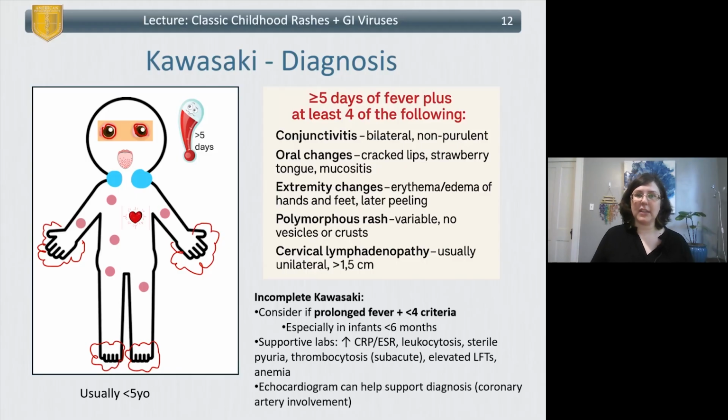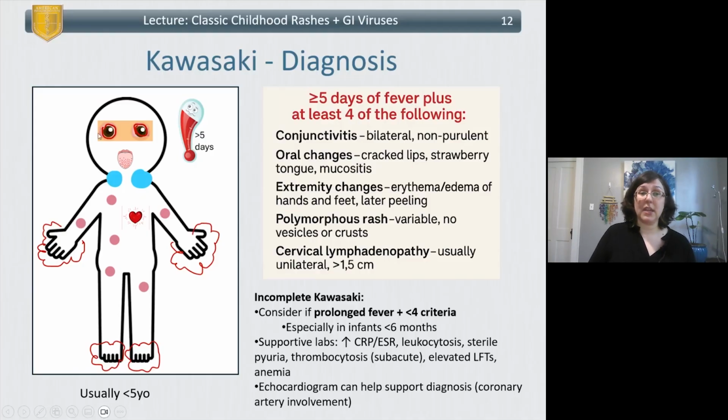So let's talk a little bit about not necessarily a viral rash, but hypothesized to be a post-viral rash reaction. So this is Kawasaki disease, a very classic pediatric rash. Diagnosis requires greater than or equal to 5 days of fever. So the kiddo needs to be fevering for at least 5 days, plus at least 4 of the following.